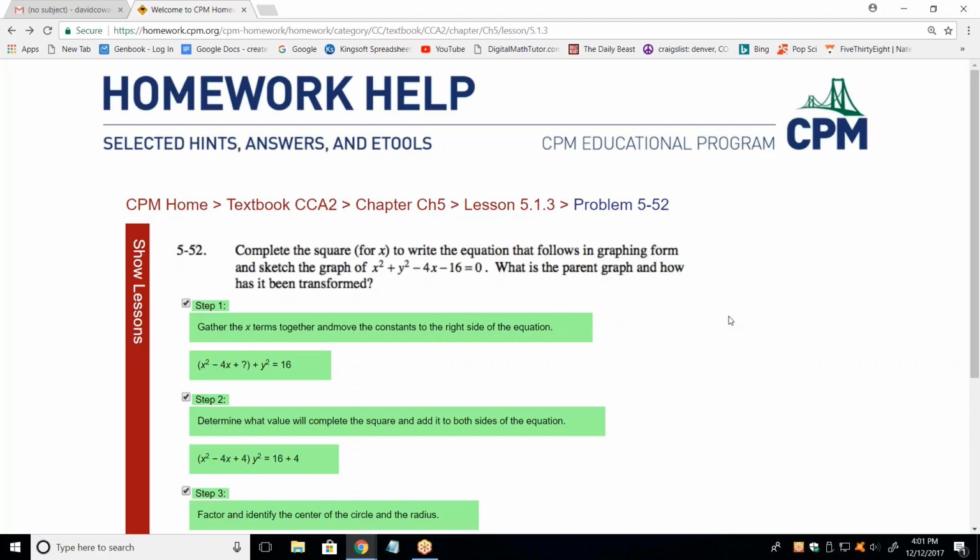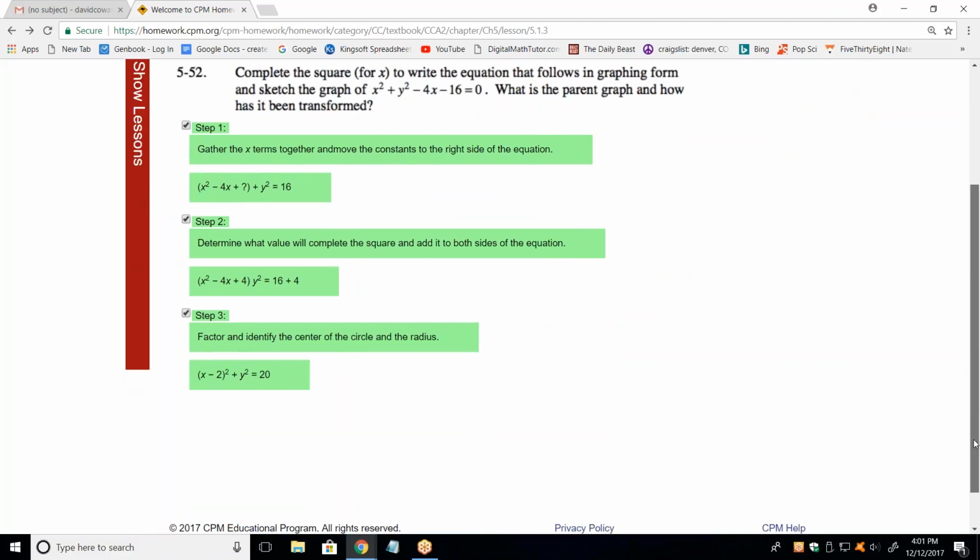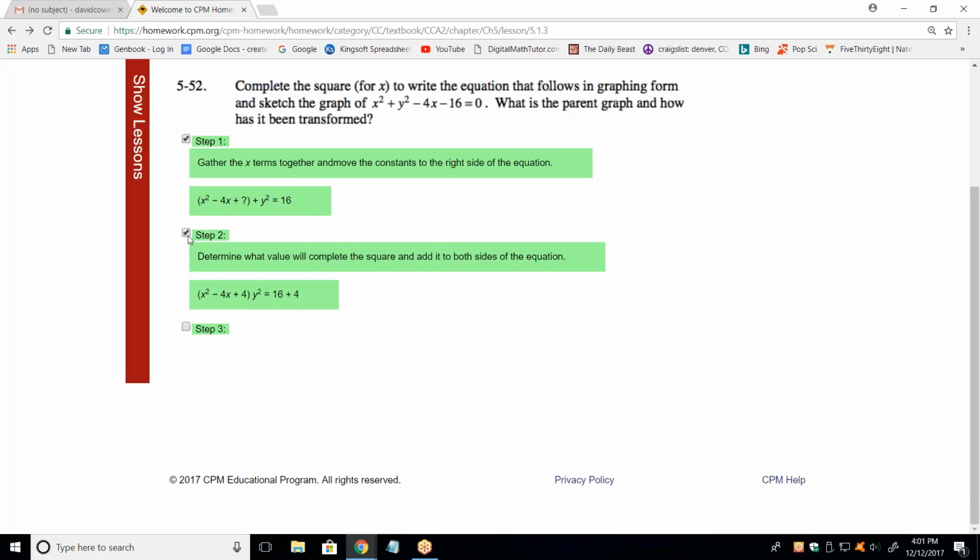They don't even answer their own question. In other words, they come up with the same thing we did, but they don't say what the parent graph is and they don't say how it was transformed. That's because this isn't a transformation problem. They shouldn't have asked that even.